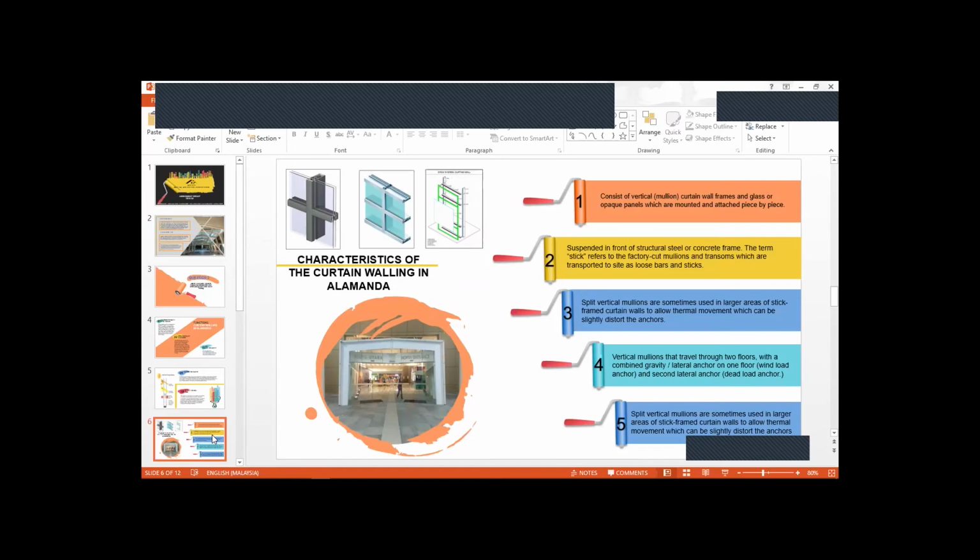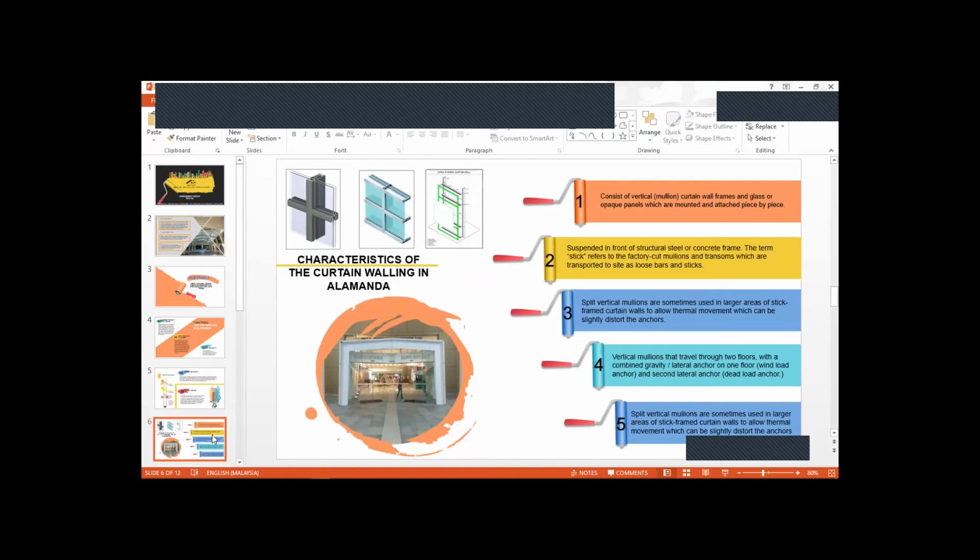When we have a large surface area of glass, the thermal gain and heat loss will also increase, as it depends on how big the surface area of the glass. The bigger the surface area of the glass, the more heat loss and heat penetration.